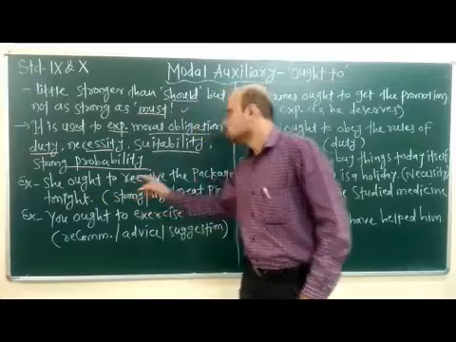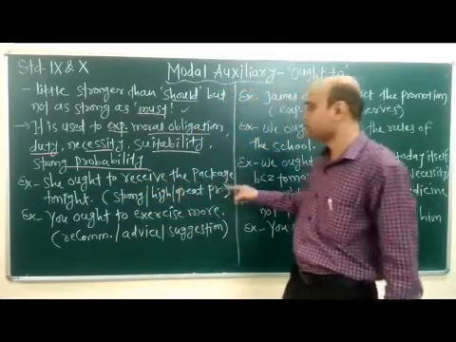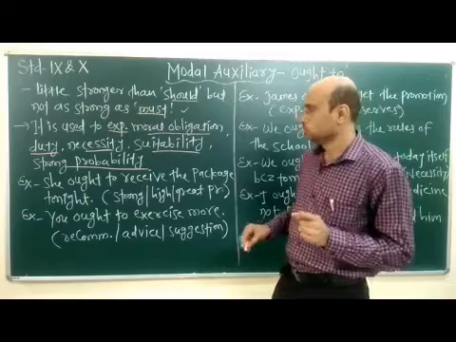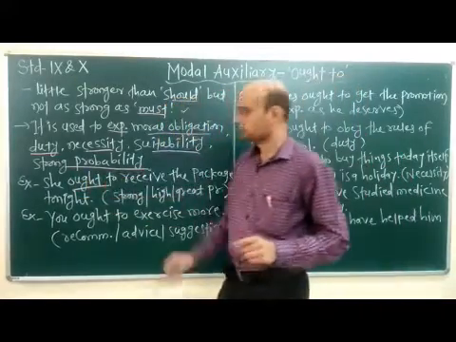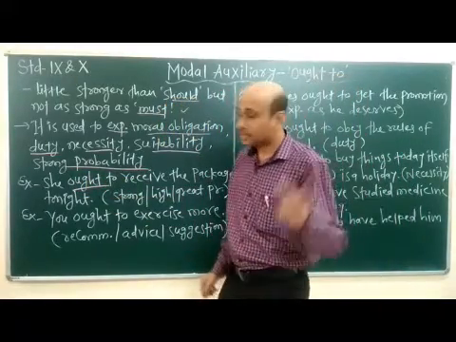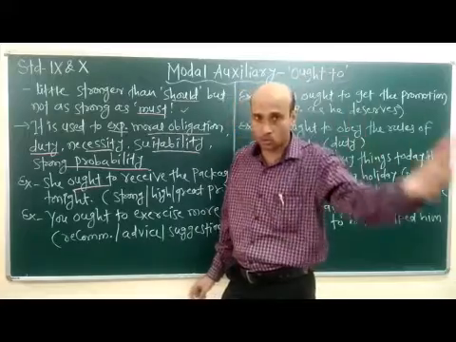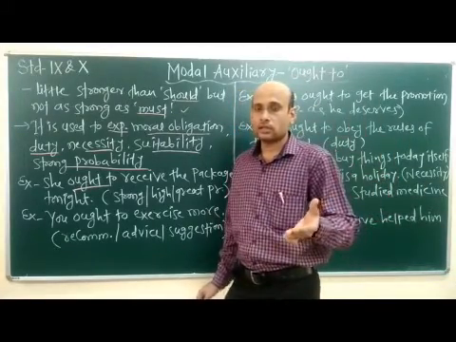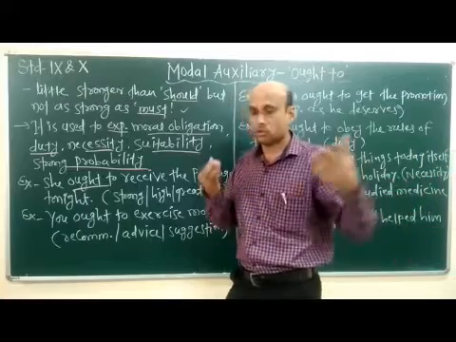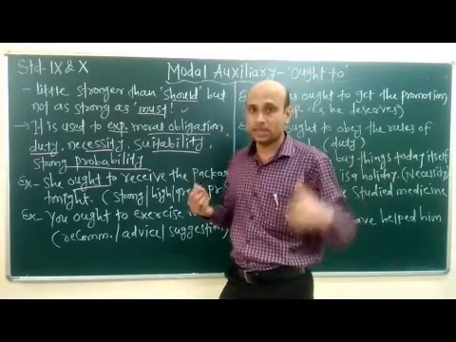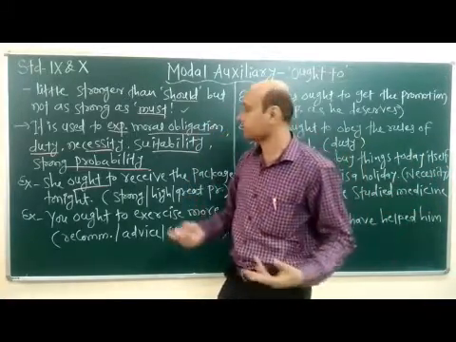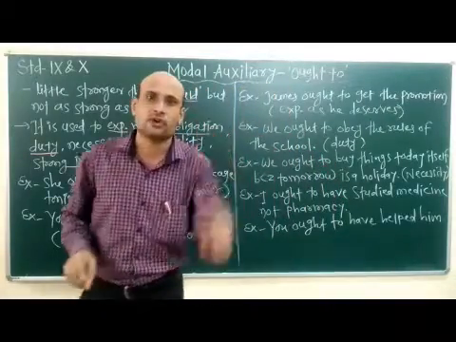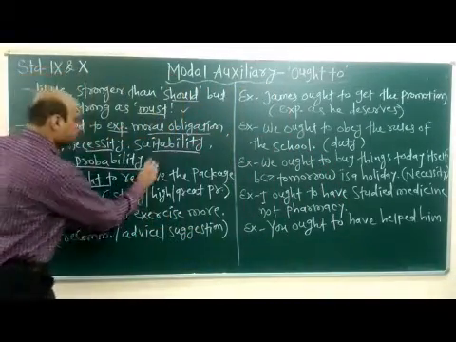First one: She ought to receive the package tonight. This is the first example, so ought to is used. And after ought to, as we have discussed previously in the past few videos on modals, we have learnt that after ought to comes the first form of the main verb, that is the present form or base form.